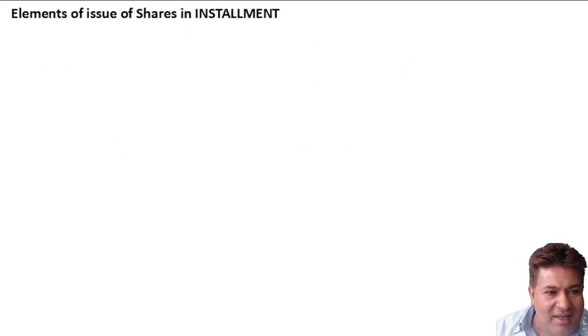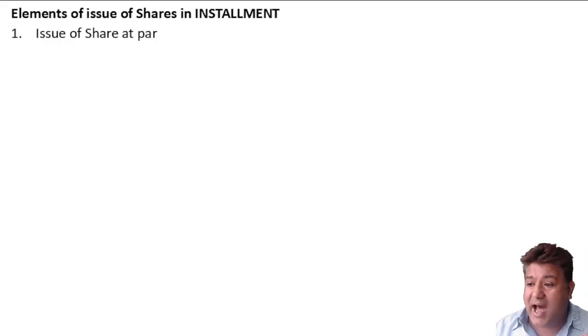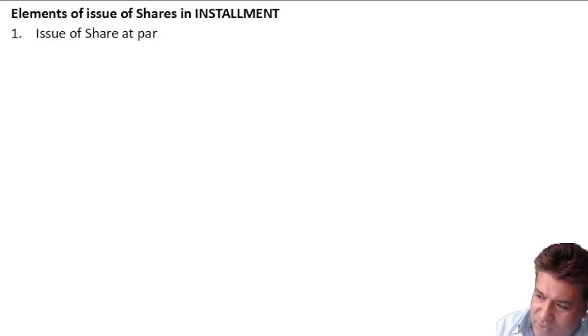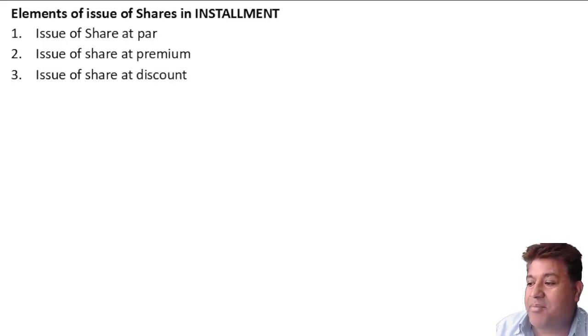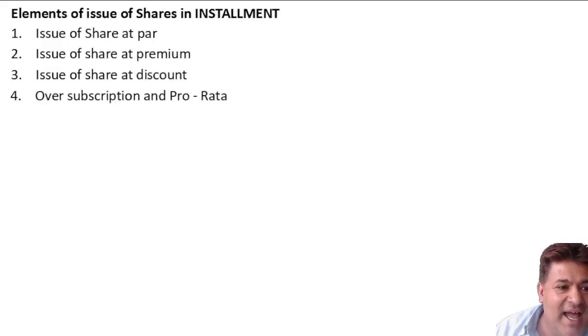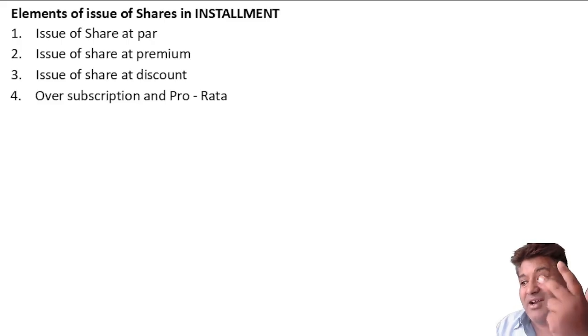The other main elements of issue of share on installments are issue of share at par, like we discussed, issue of share at premium, issue of share at discount, over subscription and pro rata. If there is over subscription, then there is the issue of how to handle the oversubscribed shares.